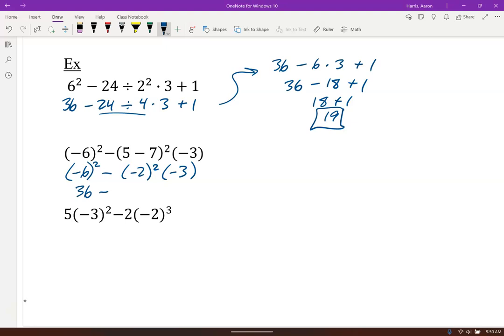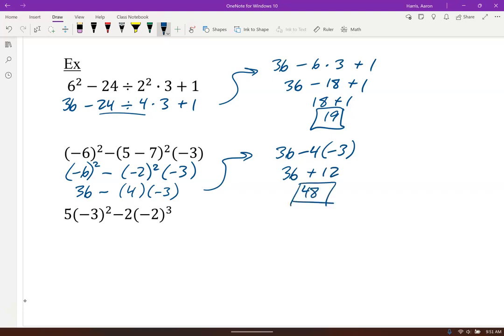Negative 2 squared, negative 2 times negative 2 is a positive 4. So now I have 36 minus 4 times negative 3. 4 times negative 3 is negative 12, minus a negative 12 is positive 12. 36 plus 12 ends up giving us 48.